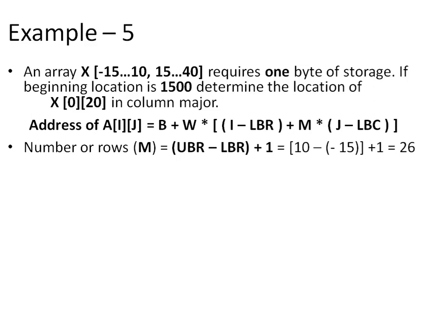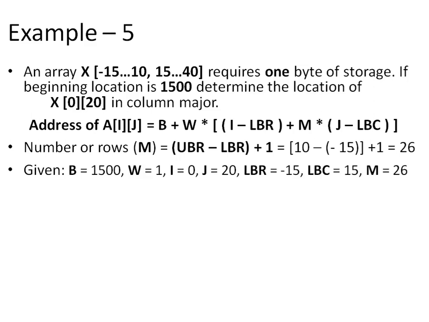So m comes out to be 26. Then base address B is given as 1500, W is equal to 1, I is 0, J is 20, the lower bound for row is minus 15, that is LBR, and the lower bound for column, that is LBC, is given as 15.